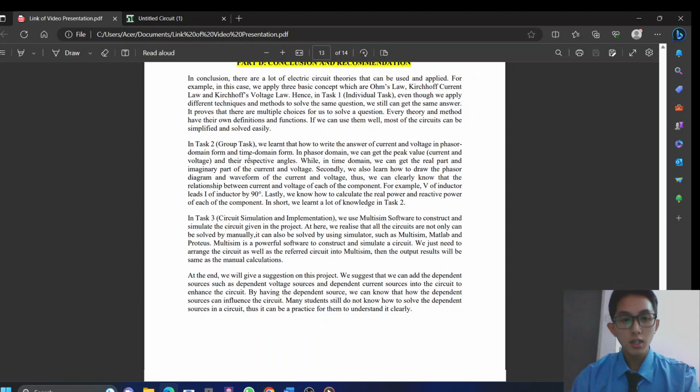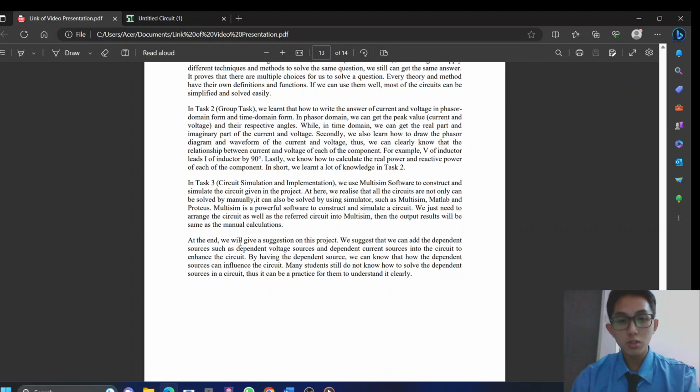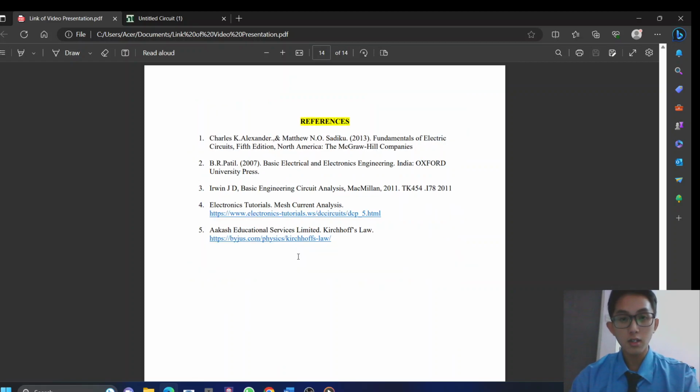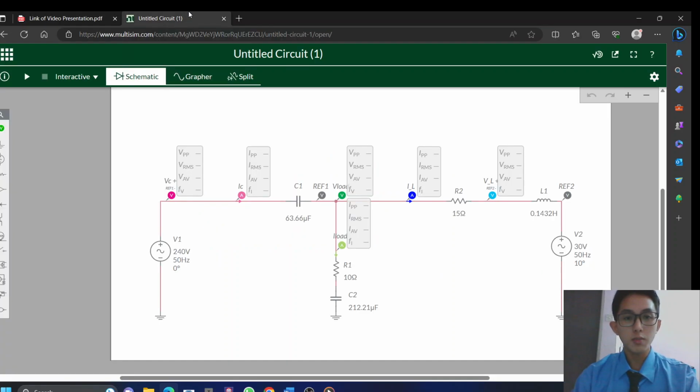At the end we also give a suggestion on this project, which is that we can add dependent sources such as a dependent voltage source and a dependent current source into the circuit to enhance it. Next, this is our last part, which is the references. We use 5 references here. Next, I will show the doctor our simulation here.